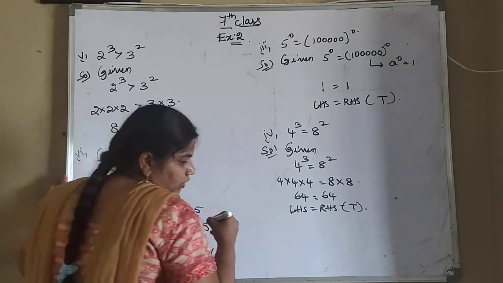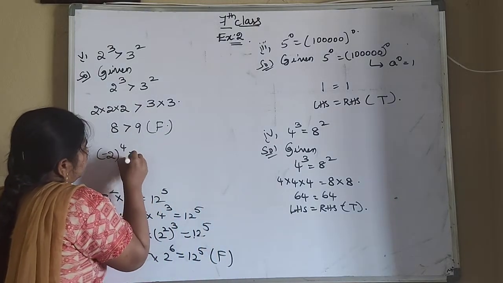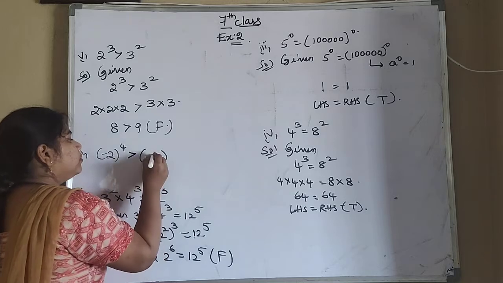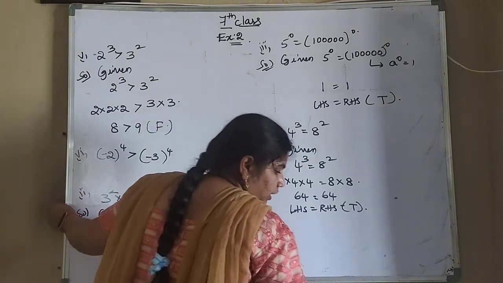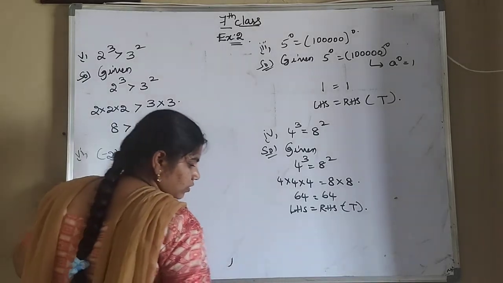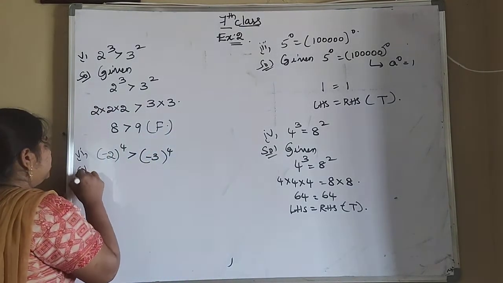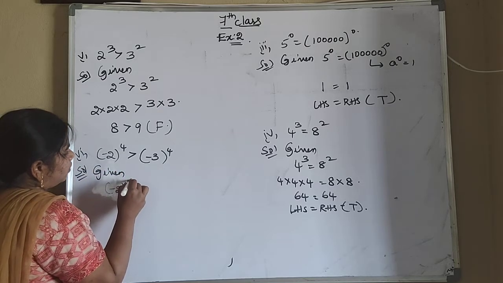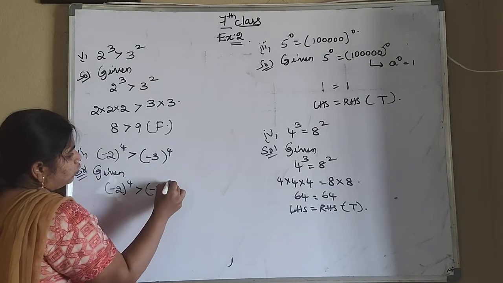Minus 2 whole power 4 is greater than minus 3 whole power 4. So which is greater we have to check. So given minus 2 whole power 4 is greater than minus 3 whole power 4.